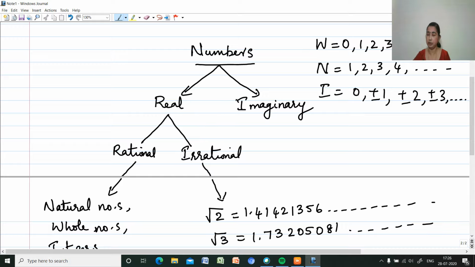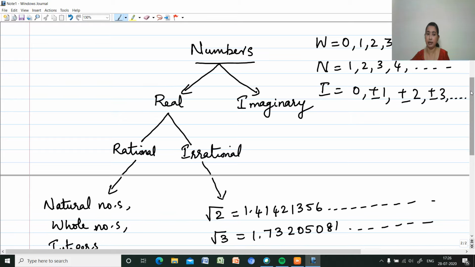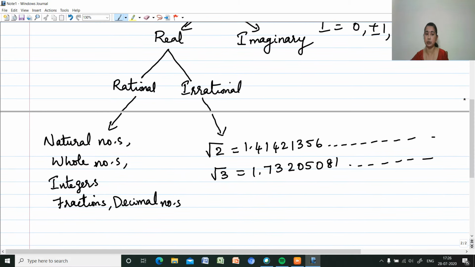We are not going to deal with imaginary values, only real numbers. Real numbers are of two types, rational and irrational. Rational numbers include all the natural numbers, whole numbers, integers, fractions, decimal numbers, etc., whereas irrational means root 2, root 3, root 5, root 7, root 6.